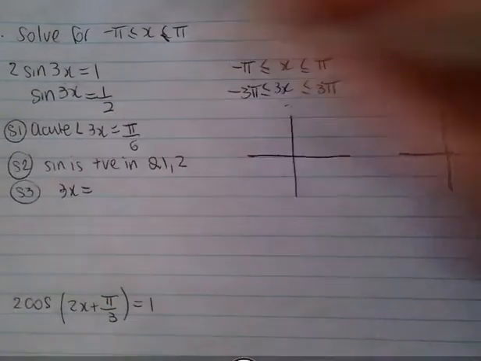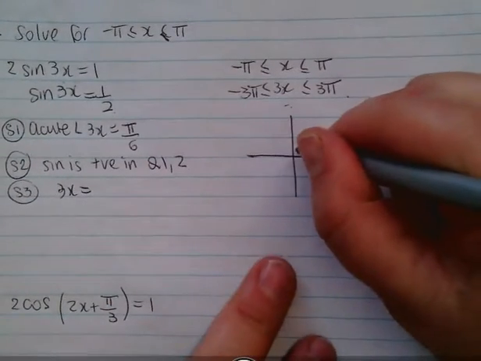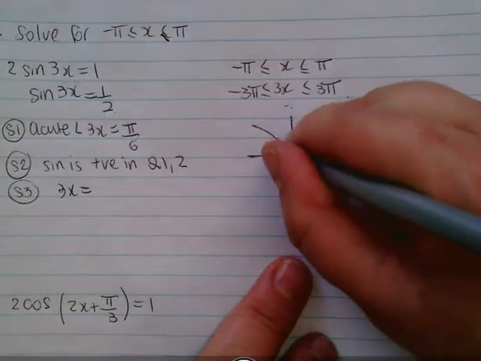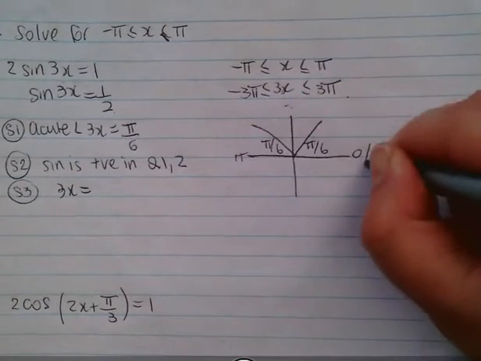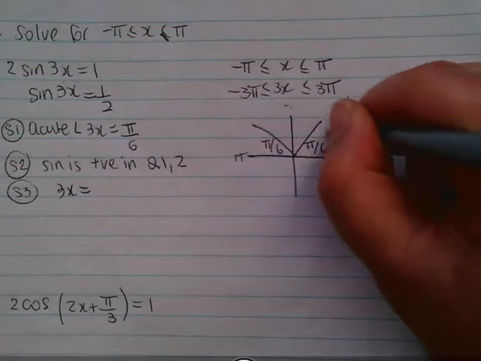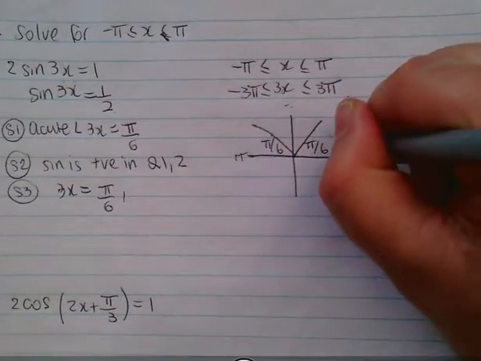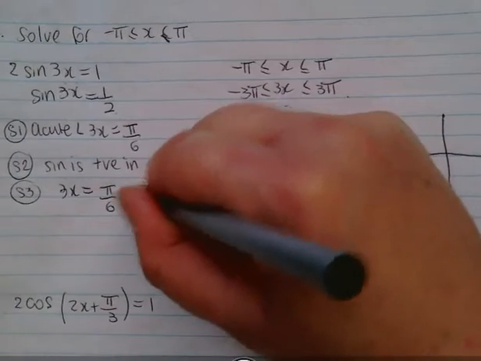So 3x is. Now, I'm going to do positive angles first. I've got quadrants 1 and 2, and my angle is pi on 6. Now, I know I'm drawing it too big, but that's fine. So I've got 0, pi, 2 pi. So on my first time round, I've got pi on 6, and then I've got nearly pi, but short 1/6, so that would be 5 pi on 6.